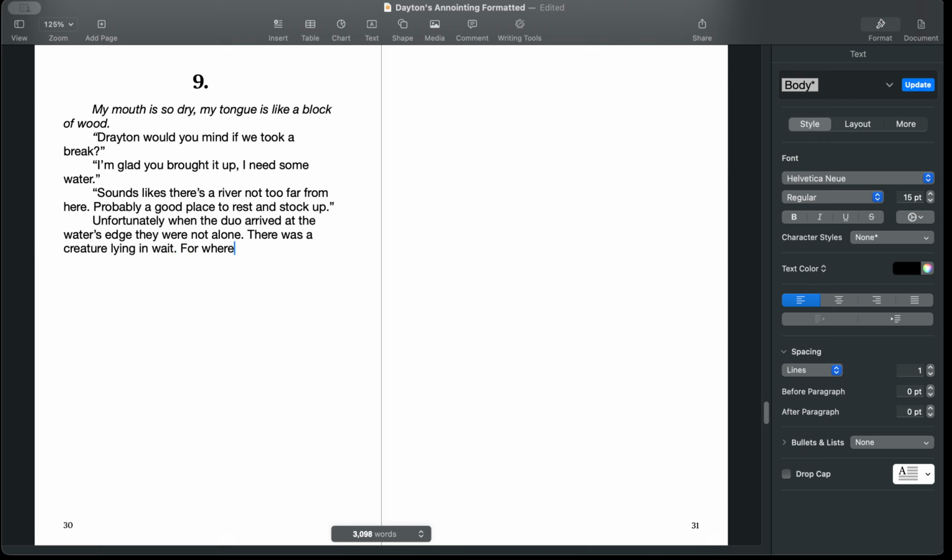For where there is water, there are animals.